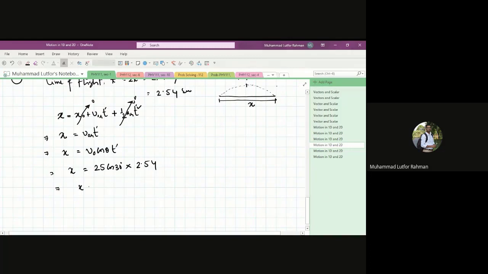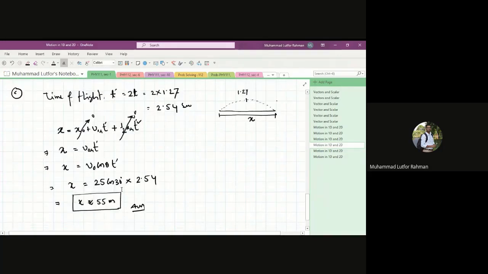Then x would be closely 55 meters. So this would be the distance between the two players. Fine. So this is the answer to question number C.